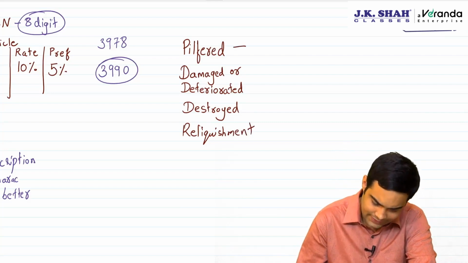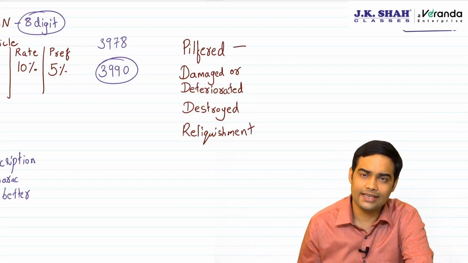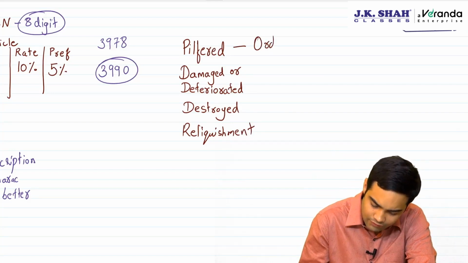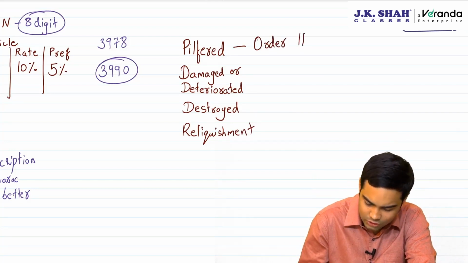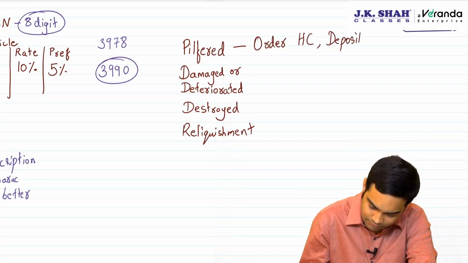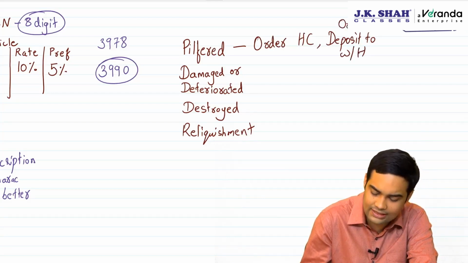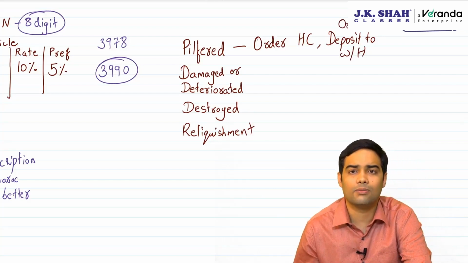The benefit in case of pilfered goods, that is theft in small quantity, is available till the order for clearance for home consumption or order for deposit to warehouse is given. If any goods are pilfered before this date, custom duty is not payable.